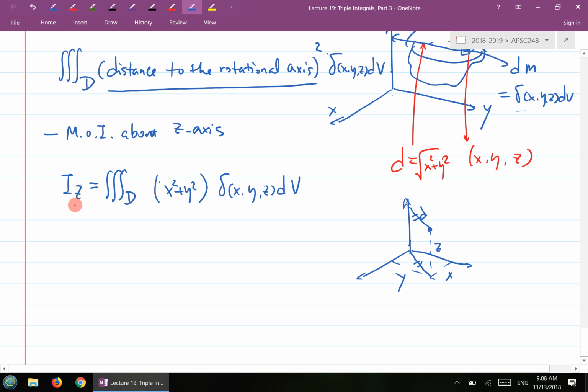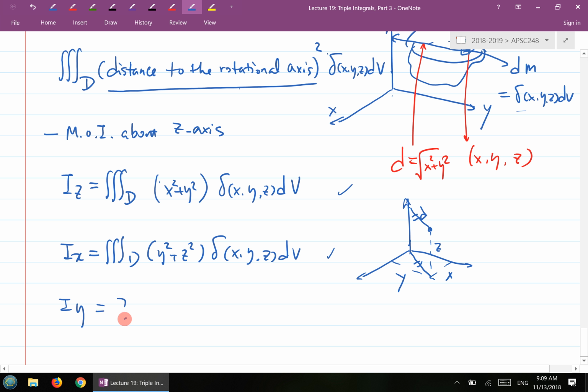Similarly, you can get the moment of inertia about the x-axis. Use the same approach, finding the distance from a certain point to the x-axis, which is the square root of y squared plus z squared, and then put it into the formula, and you get this.